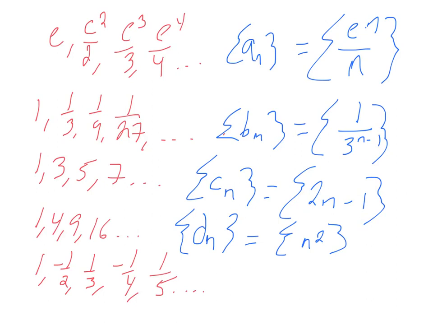Now this last one's a little tricky because of the alternating signs, right? So if it didn't have alternating signs, what would you call it? It'd just be 1 over n, right? Unfortunately, we have the alternating signs. Is there any function that as I go 1, 2, 3, 4, will just give me 1, then -1, then 1, then -1, then 1, then -1?